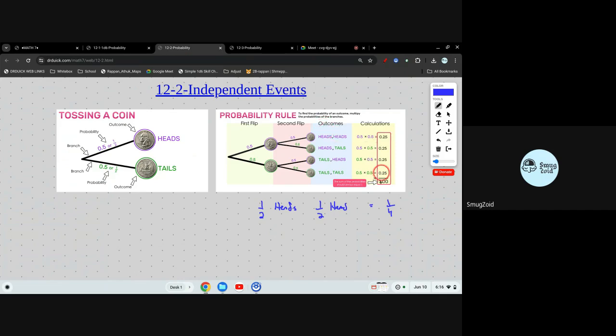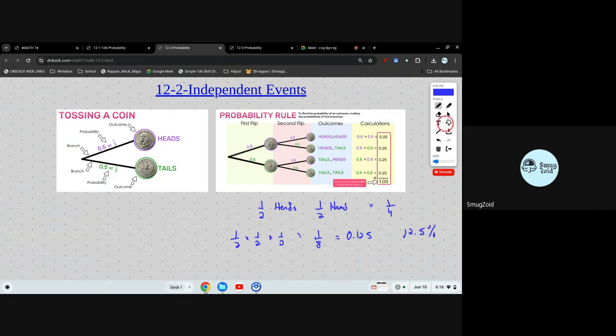And of course, they're doing it as a decimal here to show you how that goes, but every time you do it, there's a branch that can occur. If you were to do 3 heads in a row, it would be 1/2 times 1/2 times 1/2, which is a 1/8 chance, which is 0.125 or 12.5%, okay? So you can see kind of how this works.